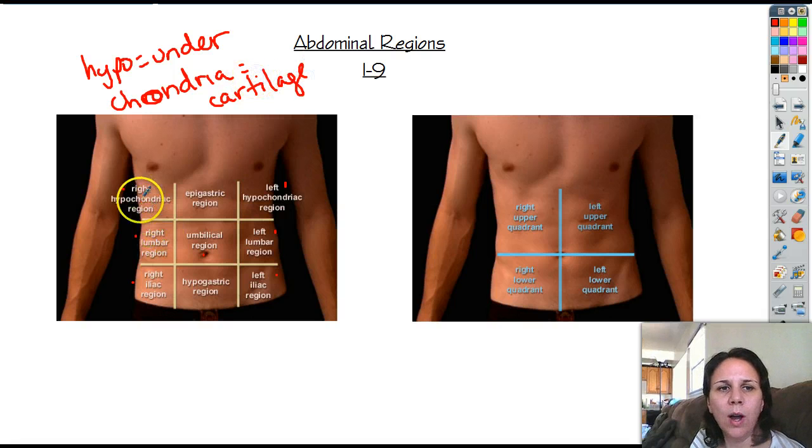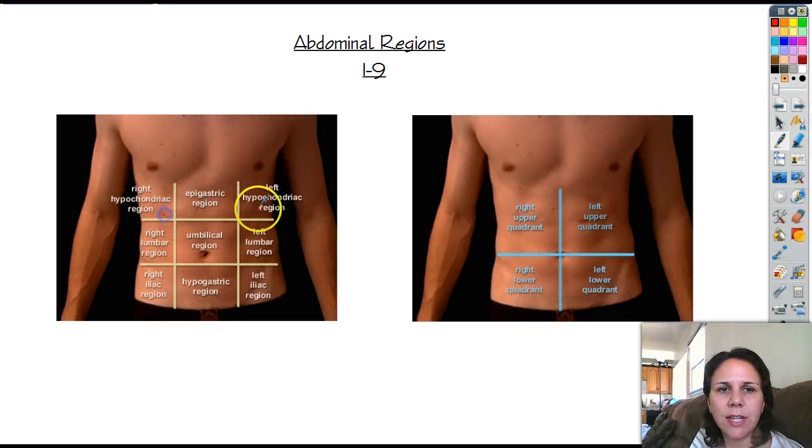The reason why it's called this is because your ribs are right here, and they're connected with cartilage to your other bones. So this is the right area under the cartilage. So right hypochondriac and left hypochondriac. And I know you're thinking, oh, hypochondriac, that's someone who thinks they're sick all the time. It is, but that's what the word actually means, under cartilage.